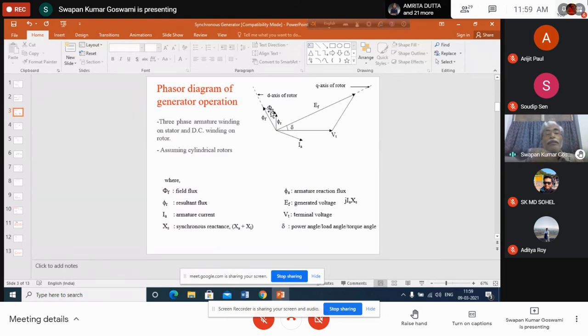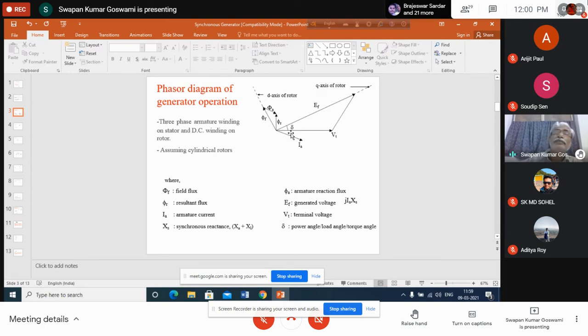We have seen that armature reaction has changed because of the variation of field current, because as field current is increased, armature reaction is also increased. So delta also will change. How will the delta change? More field current means more armature current, so delta value will become lower.